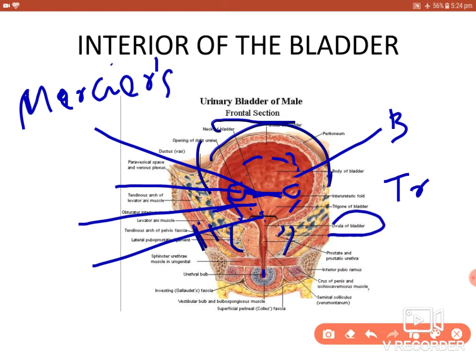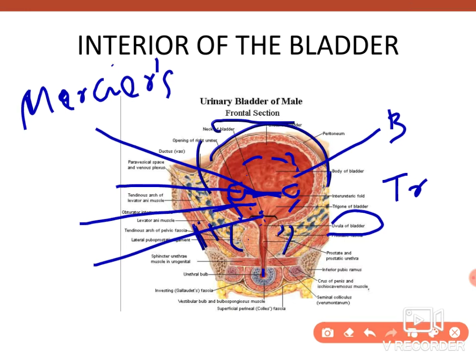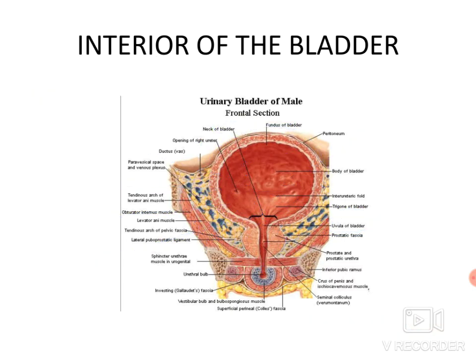This elevation is due to the median lobe of the prostatic gland, and if the median lobe is enlarged, it will obstruct the urethra and get distorted, giving rise to a condition called benign prostatic hyperplasia. That's all about the interior of the bladder.